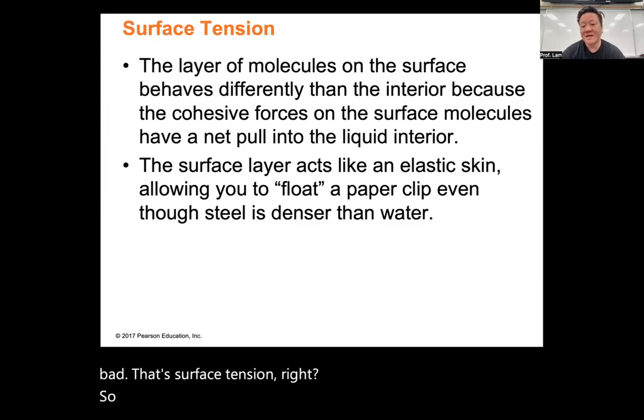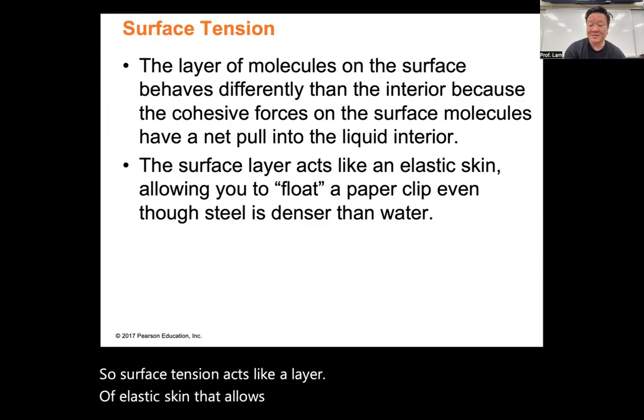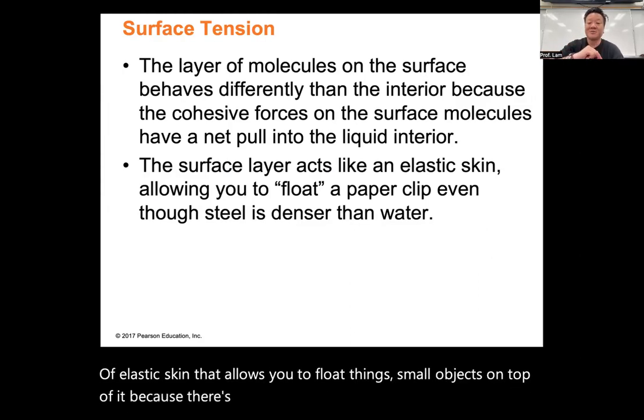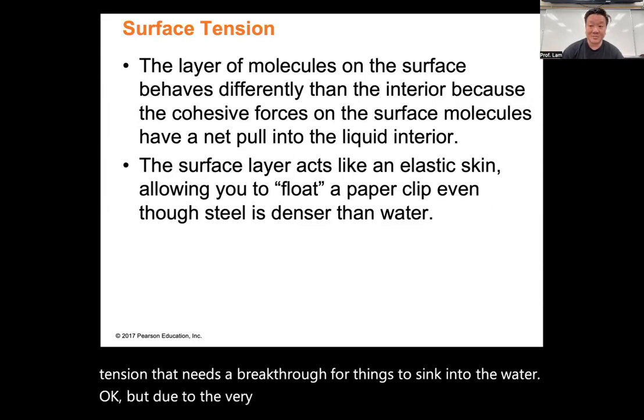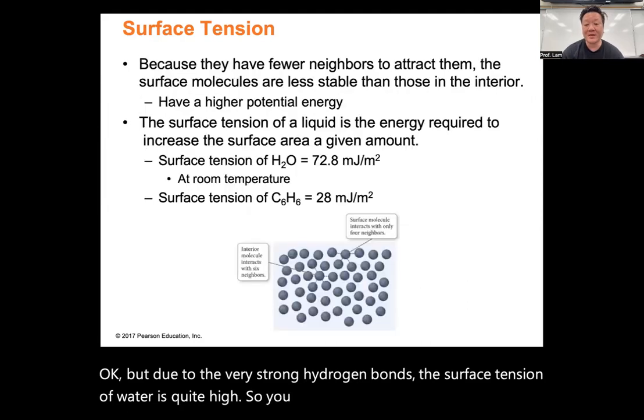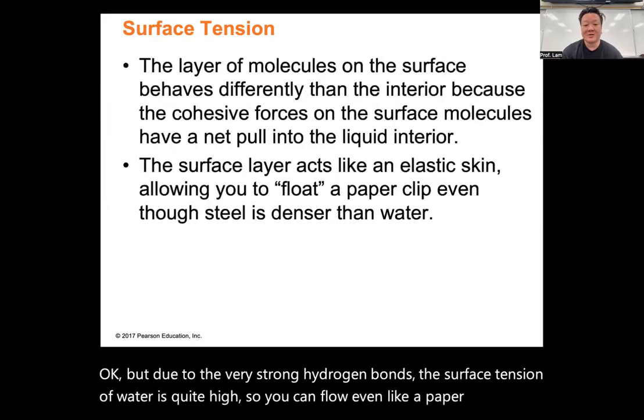Surface tension acts like a layer of elastic skin that allows small objects to float on top of it, because there's some surface tension that needs to be broken through for things to sink into the water. Due to the very strong hydrogen bonds, the surface tension of water is quite high. So you can float even a paper clip on water.